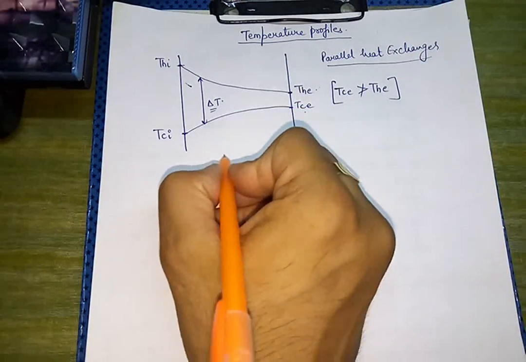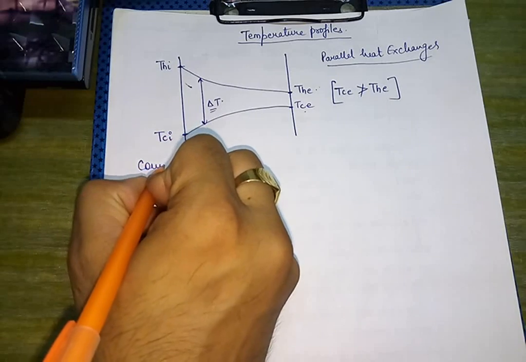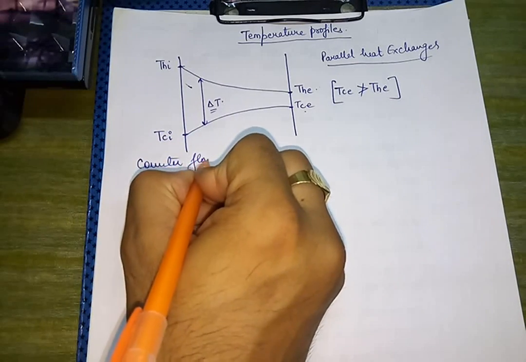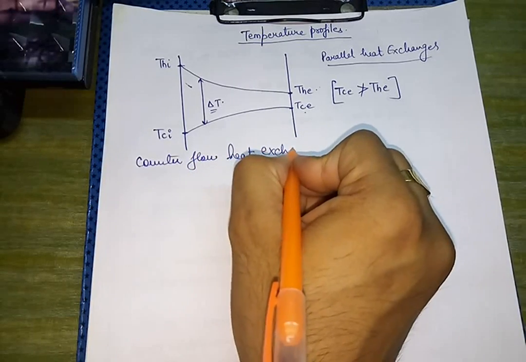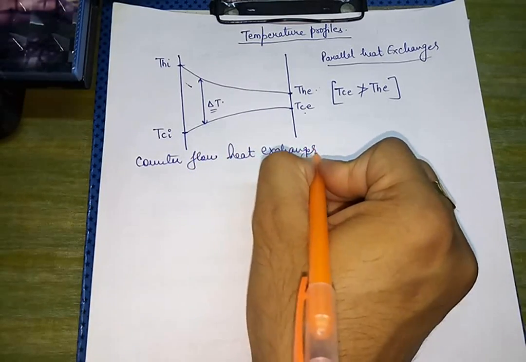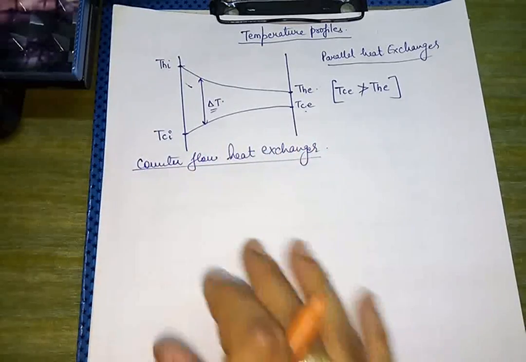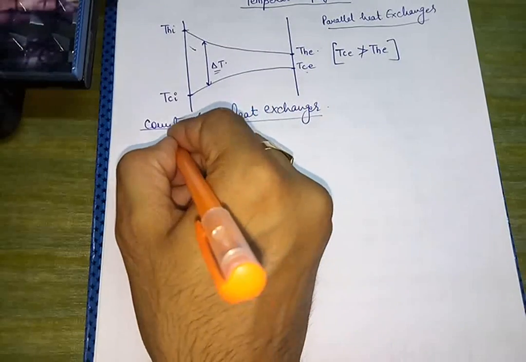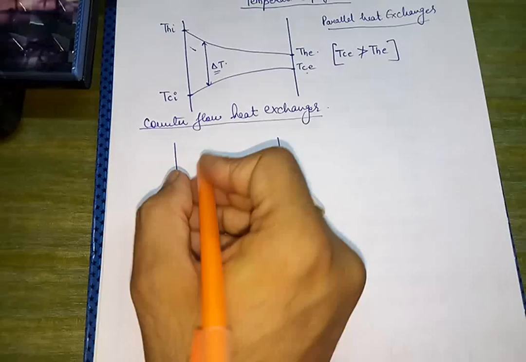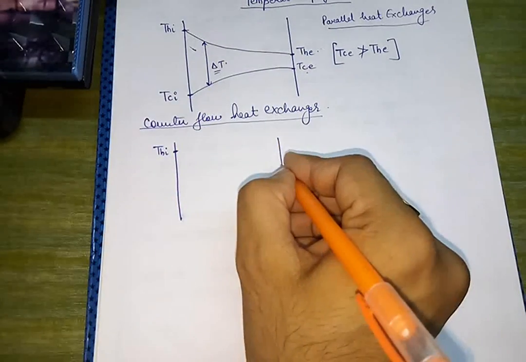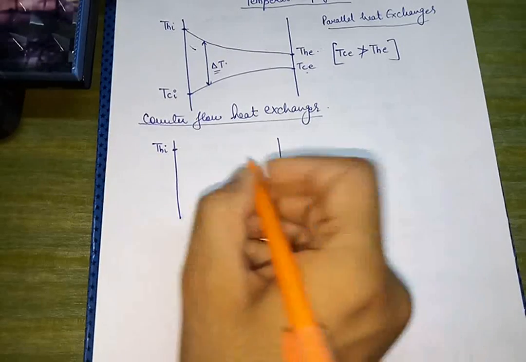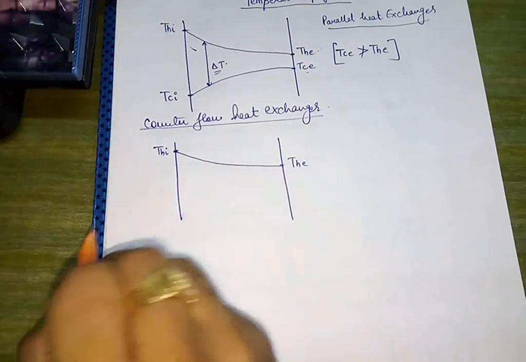Now we have the counter flow heat exchanger. In case of the counter flow heat exchanger, this is the temperature of the hot fluid at inlet and temperature of the hot fluid at exit. So it will be like this.